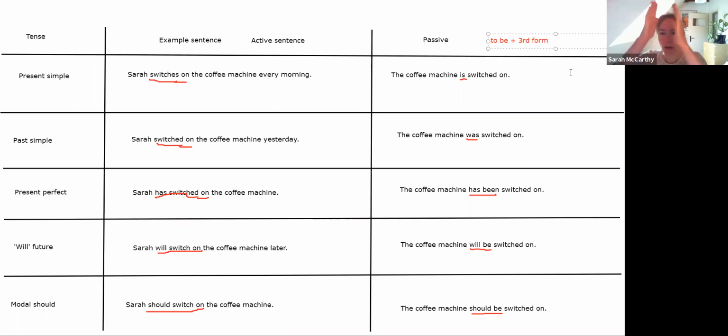If you look at verb tables in the back of a dictionary, you've got the infinitive, the second form and the third form. The second form is simple past, the third form is called the past participle. So to be in the same tense as the active plus the third form of the verb.